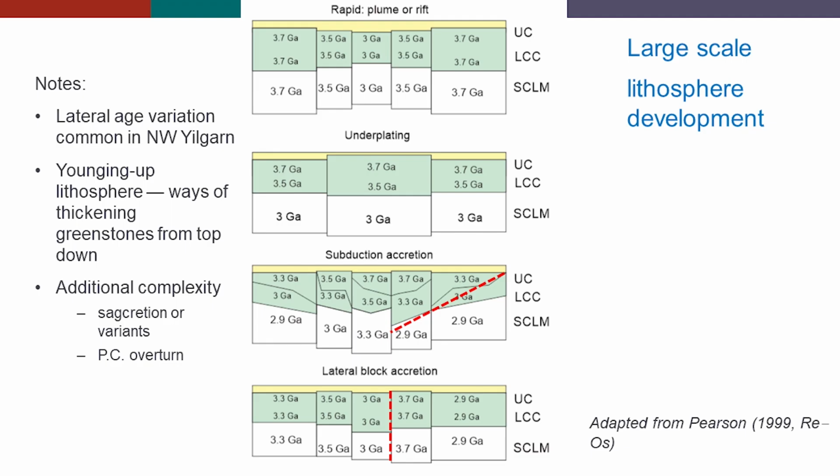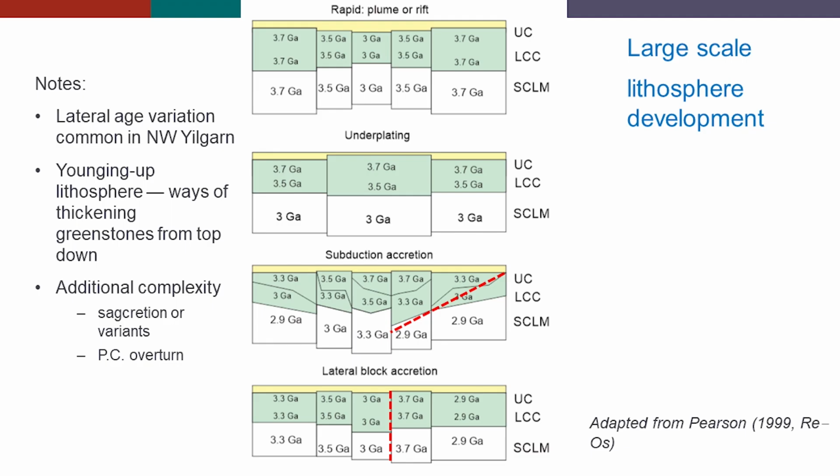And also, I'll show you that there is significant evidence to indicate that we actually go younger in the lithosphere as we go upwards. And you'll notice not a lot of those models are able to explain a younging upward.